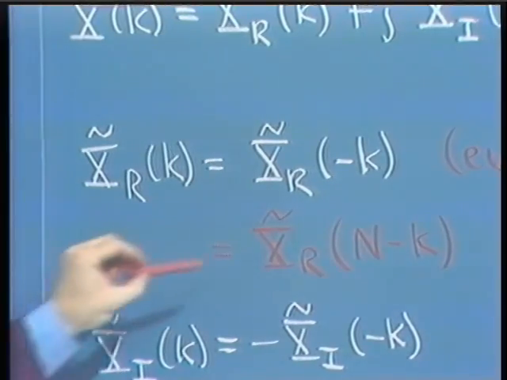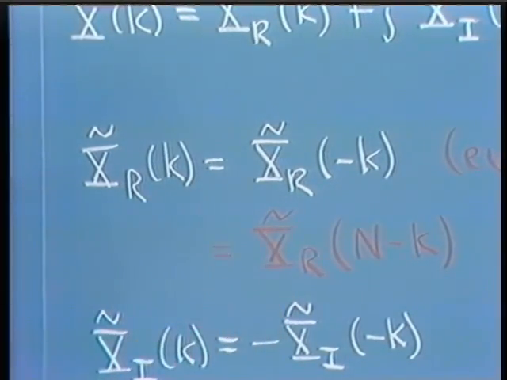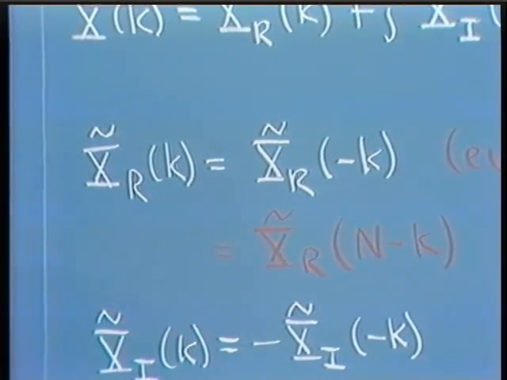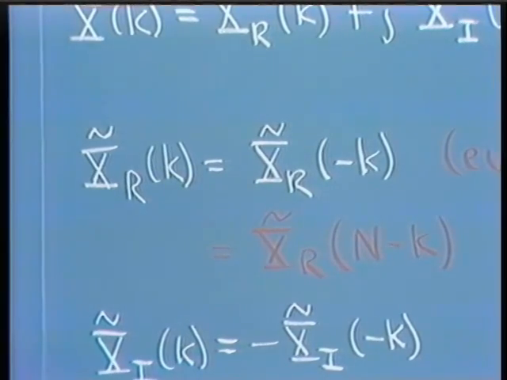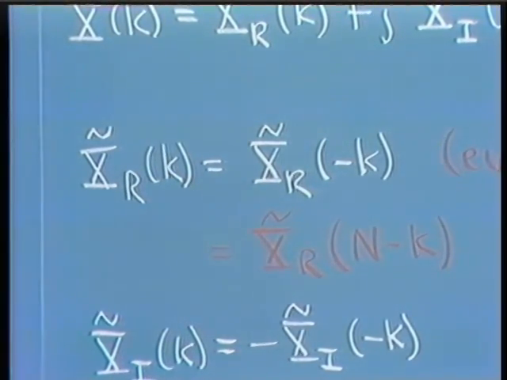It shouldn't be particularly evident why we want to do that here, although it becomes important when we apply some of these notions to the representation of finite length sequences and the discrete Fourier transform.